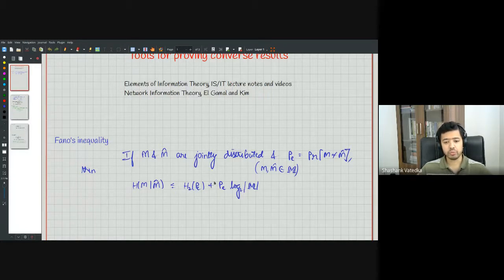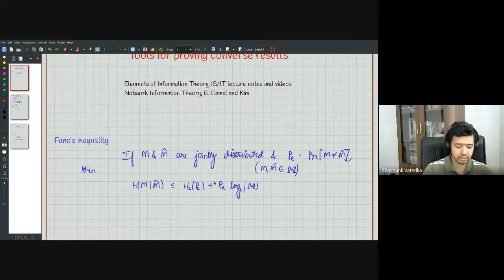And the main tool for proving almost all kinds of converse results in information theory is this very useful inequality called Fano's inequality. And it arises in a number of applications, not just in source and channel coding. Even when you talk about statistical inference, problems in estimation or detection, Fano's inequality is a very powerful tool.